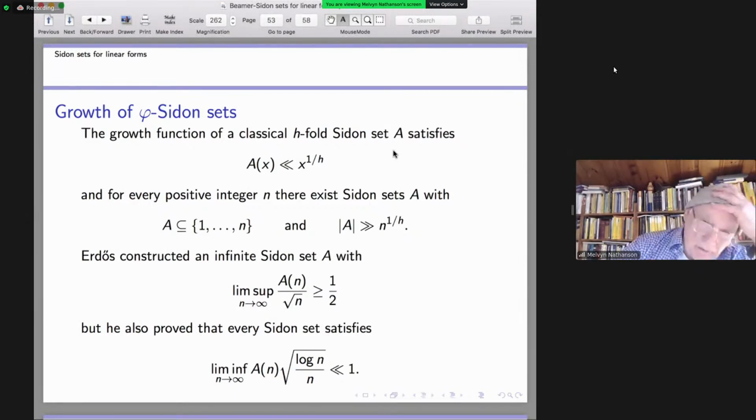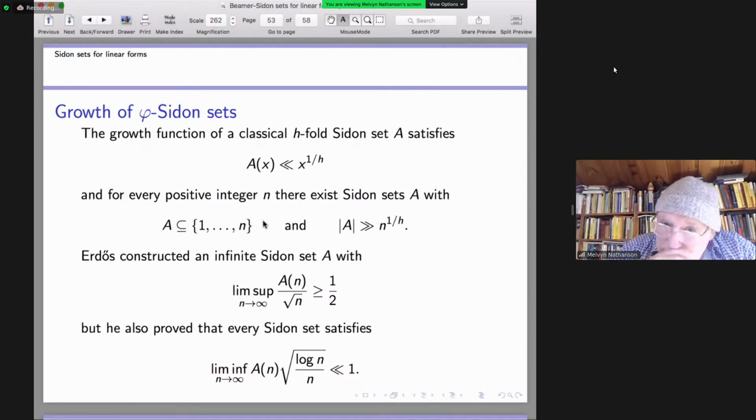If n is a_1 plus a_2 up to a_h, the only other representation is just some permutation of the a's, but there are no two essentially different representations of the number as a sum of h elements of the set A. Then the standard counting argument says that A(x), the number of elements up to x, let's say it's a set of non-negative integers, is big O of x to the 1 over h.